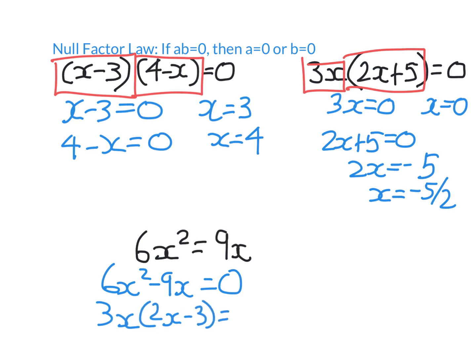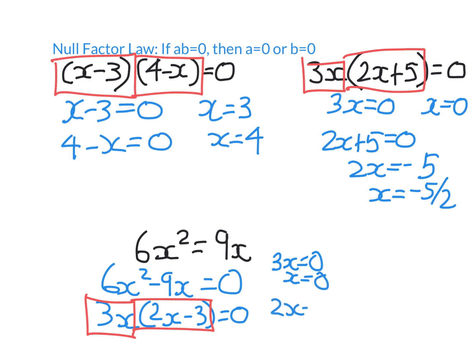Well, that's -3. So now we have something times something equals 0. So we must have either the first thing equals 0, which would mean x equals 0, or the second thing equals 0. Now if 2x minus 3 equals 0, just add 3, divide by 2, you get x is 3 over 2. They are the two solutions.